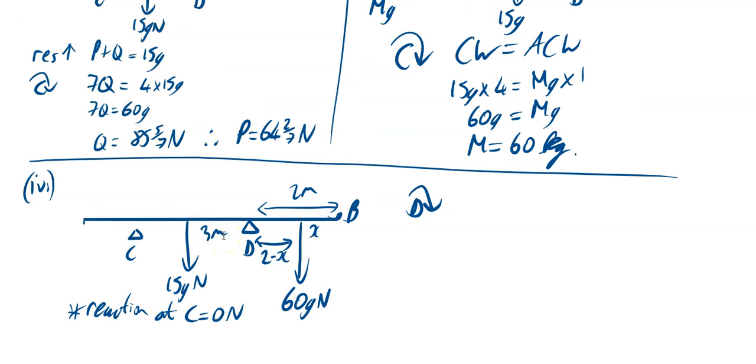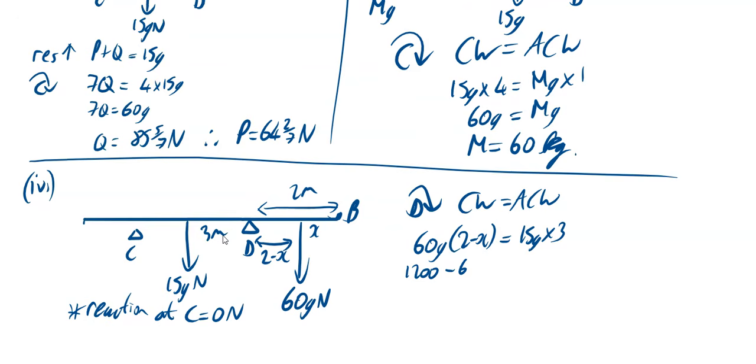So again, clockwise equal to anticlockwise. Clockwise, I've got 60G times 2 minus X. Anticlockwise, I've got 15G times 3, and then just do that all out. 60G is 600, times 2 is going to be 1200 minus 600X is equal to 15G is 150, times 3 is going to be 450.